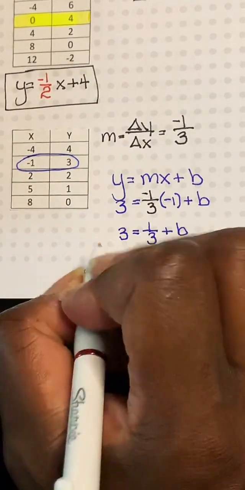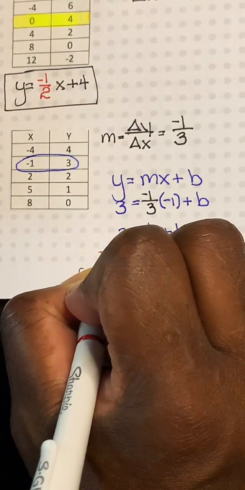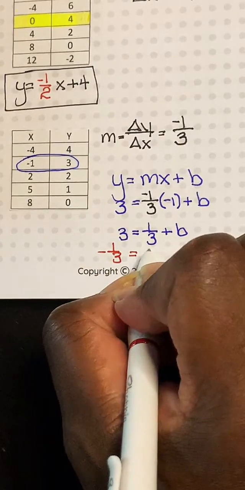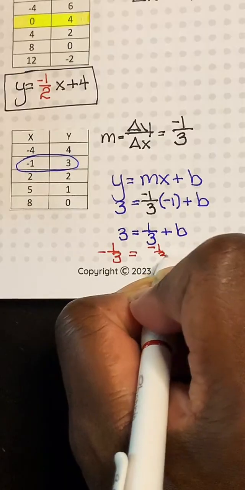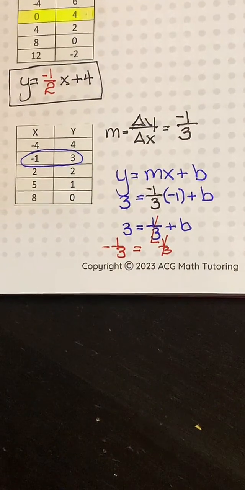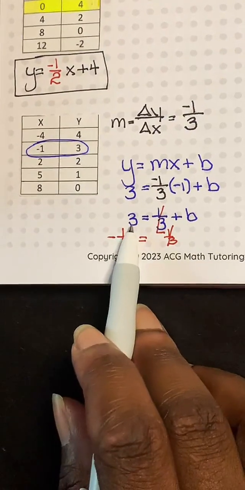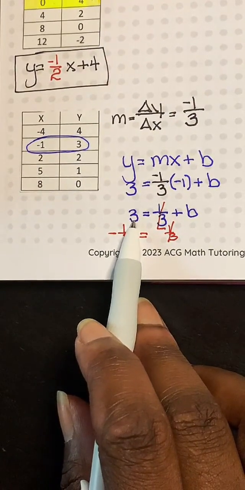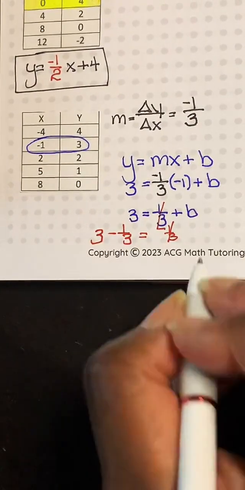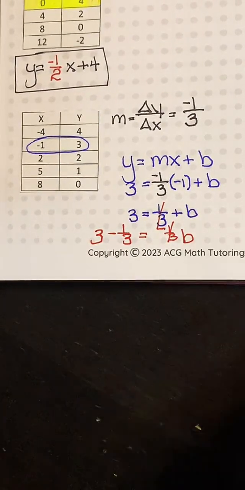Okay? So I have that whole number minus 1/3. Because if I minus 1/3, over here, the 1/3s are going to cancel out. So now I have a whole number of 3 minus 1/3 equals b.